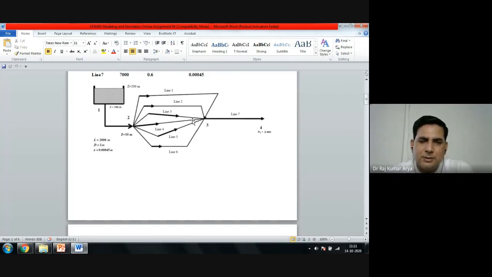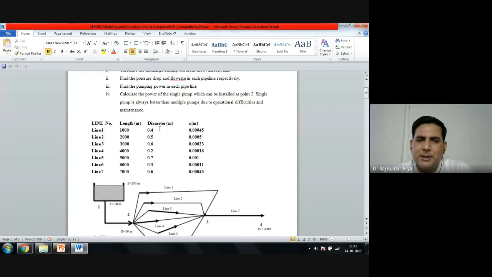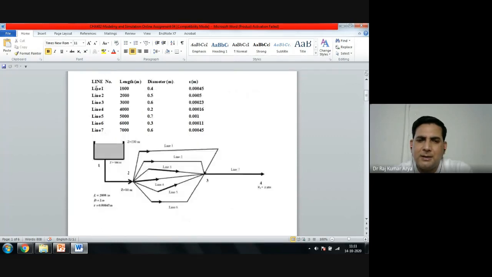So here you have the detail of each line. The length is given for each pipeline. For this pipeline, the length is given as L1. Line 2 is 2000 meter, line 3 is 3000 meter, line 4 is 4000, and all these lengths are given. The diameter is given, and the roughness of each pipeline is also given.